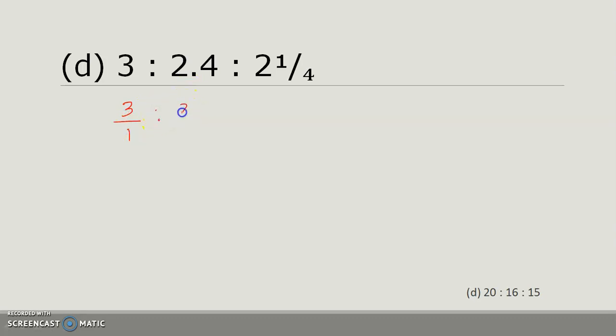How to write this 2.4 in fraction form? Yes, 24 by 10, because one number is after the decimal. 4 2s are 8. 8 plus 1, 9 by 4. Now it is similar to the one that we have discussed in the previous slide, isn't it? You have to find the LCM of 10 and 4. Start with the 2 table. 5 2s are 10, 2 2s are 4.